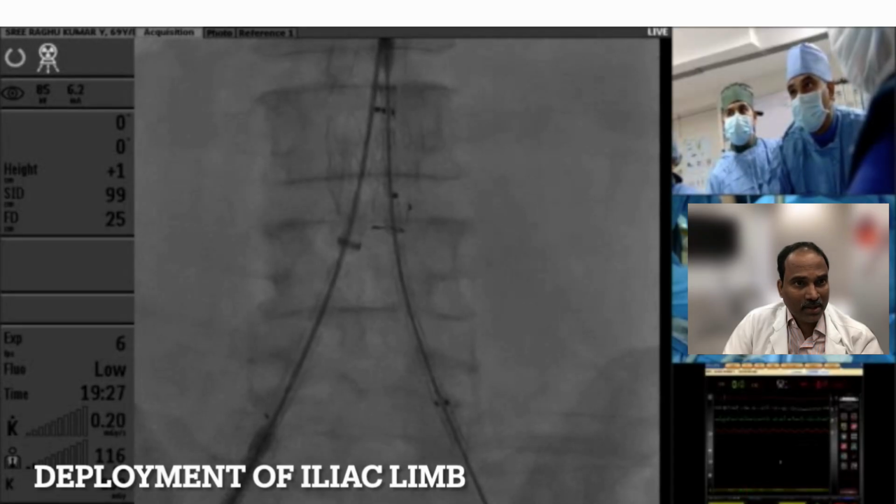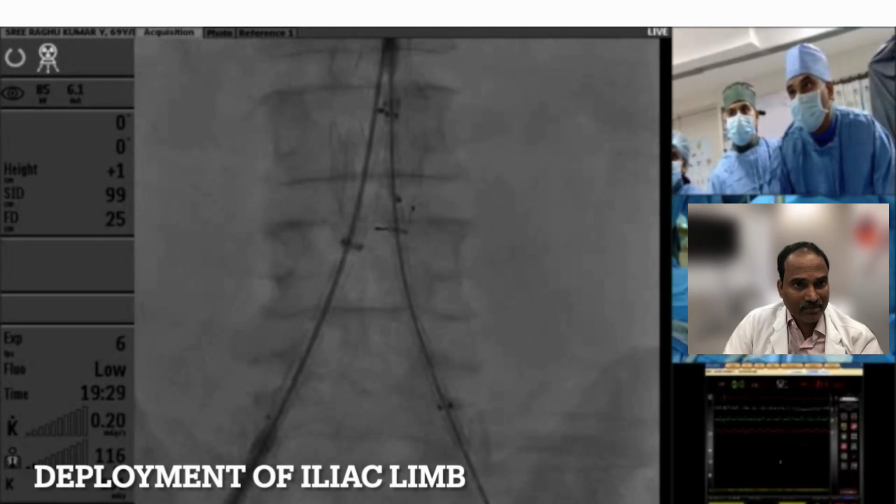So now we are deploying the stent graft left iliac extension after overlapping both the markers.